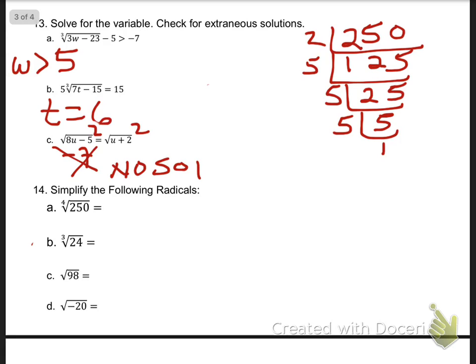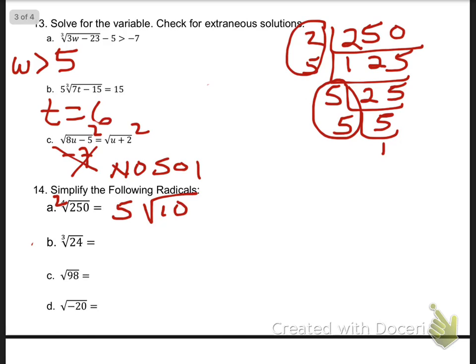Okay, so this can't be the fourth root because I would need four of somebody. All right, so I'm just going to change it to the square root. So I got 2, 5, so 5 comes out. And who's left over? 10, because 2 times 5 is 10.